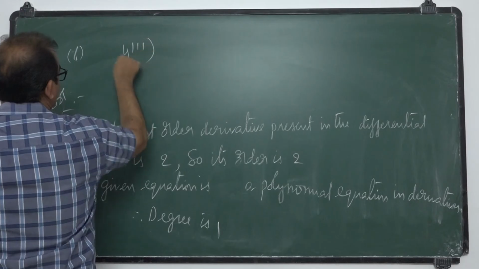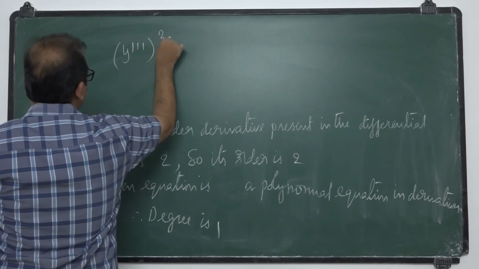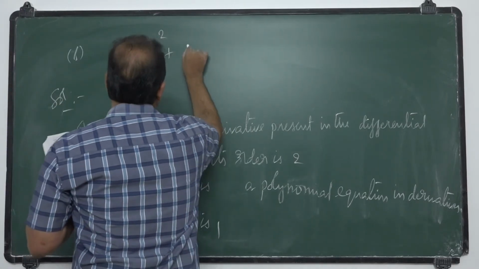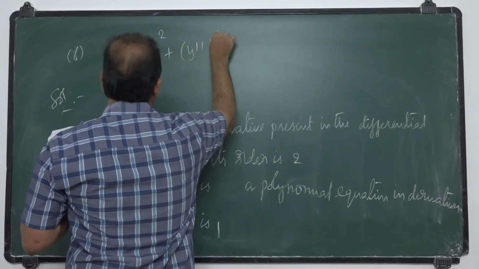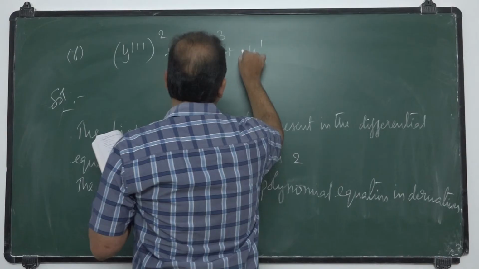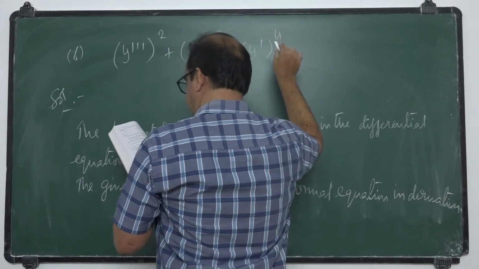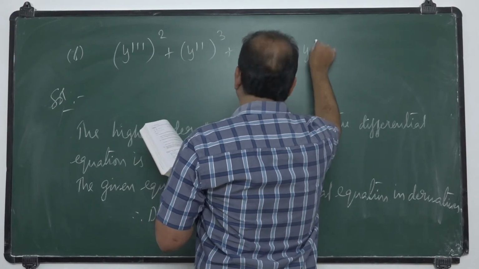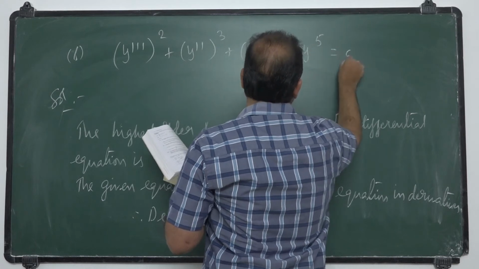Sixth, (y triple dash) whole square plus (y double dash) whole cube plus (y dash) whole power 4 plus y power 5 is equal to 0.